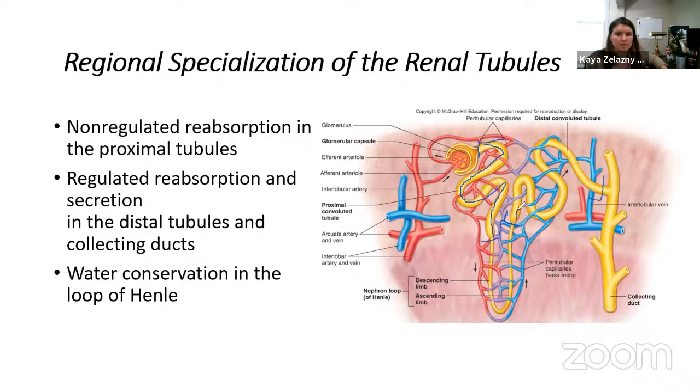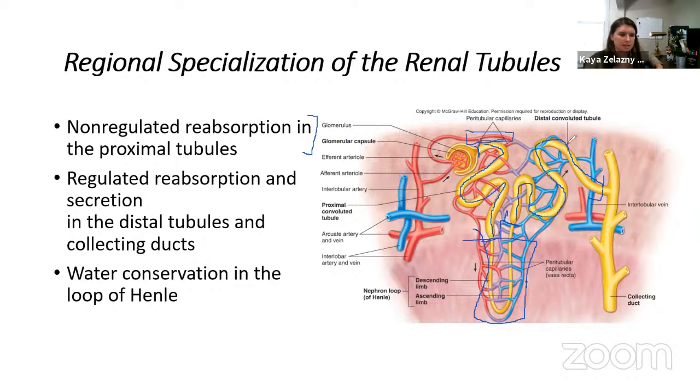All right, so this is our distal convoluted tubule, and they have the loop of Henle between them. Okay. So the proximal tubule is a big bulk reabsorber. So we're going to have pretty much unregulated reabsorption. We're just going to have lots and lots of stuff coming out of the proximal tubule and back into our bloodstream by getting into the peritubular capillaries.